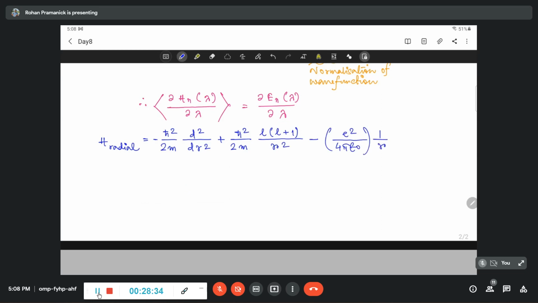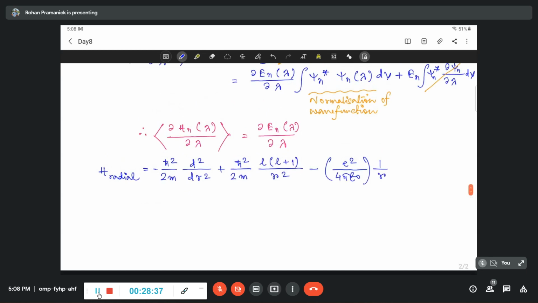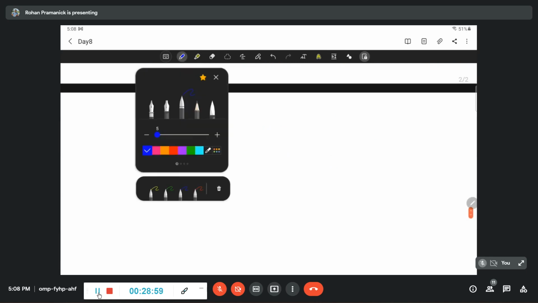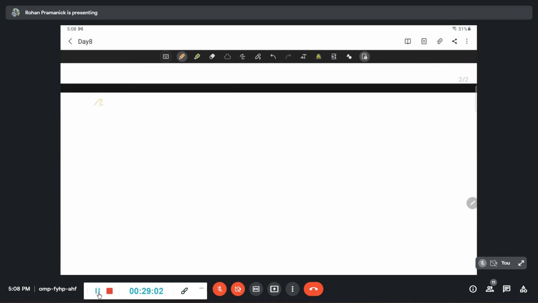Now look at this Hamiltonian. In order to find the expectation values of 1 by r and 1 by r square, what lambda should you choose so that you get your required expectation values? So let's calculate the expectation value of, let's say, 1 by r.